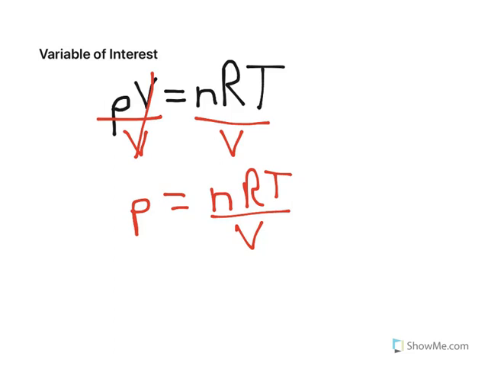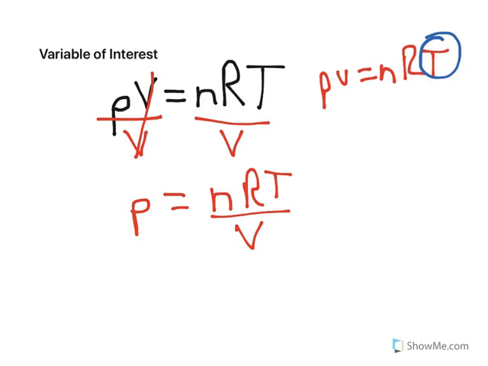Now, let's look at it again. PV equals nRT. What if we wanted to solve for temperature, say T, right here? Okay, so what do we need to do?